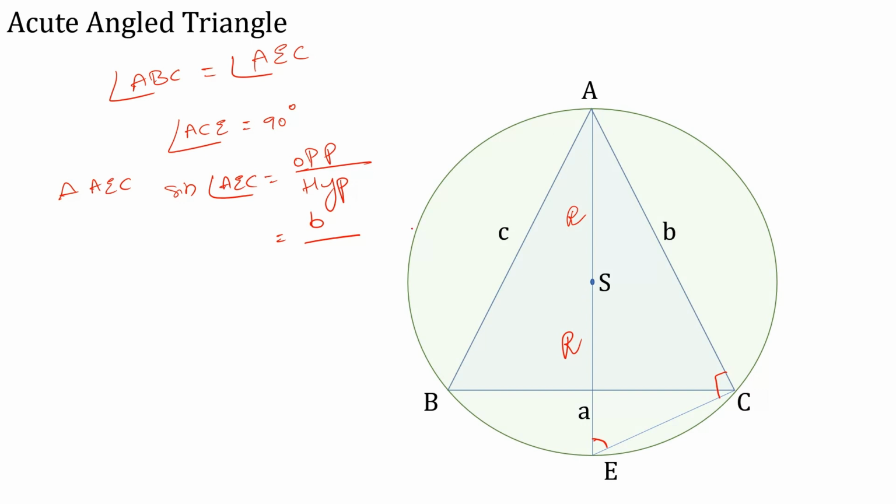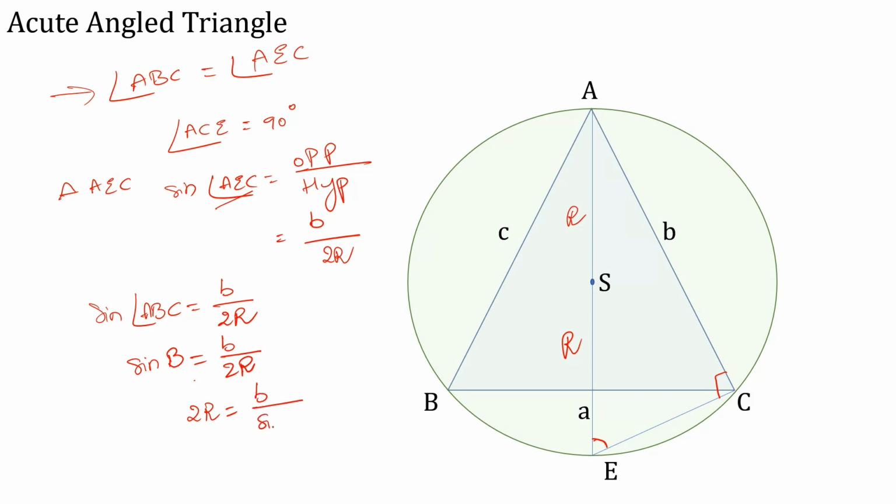So AE can be written as R plus R, which is 2R. And we know that angle AEC is nothing but angle ABC from the first statement. So sine of angle ABC can be written as b upon 2R. For triangle ABC, sine of angle ABC can be written simply as sine B. So this is equal to b upon 2R. Now on rearranging this, we can write 2R is equal to b upon sine B.